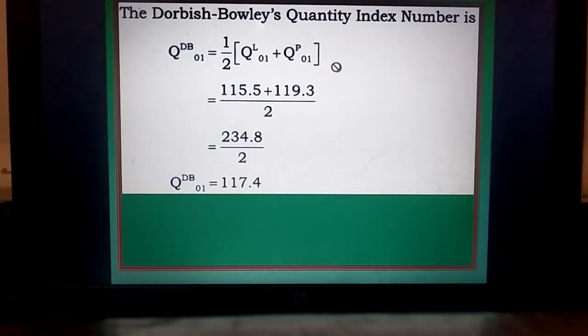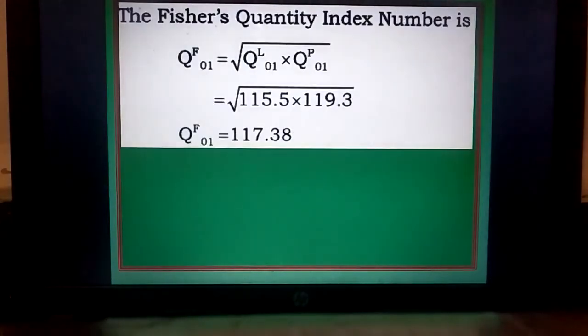Lastly, we will be calculating, as per the question, Fisher's index number. Fisher's quantity index number, we know already, is the geometric mean of Laspeyres and Paasche quantity index numbers.